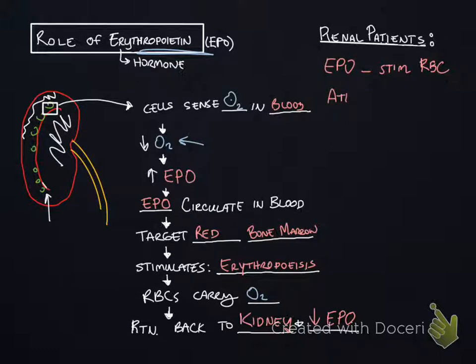Athletes will sometimes use erythropoietin in what's called blood doping. If they're taking extra EPO, they're increasing their red blood cells and in turn increasing their oxygen carrying capacity to gain an edge in whatever sport they're competing in.